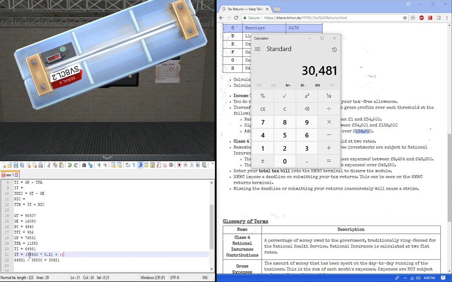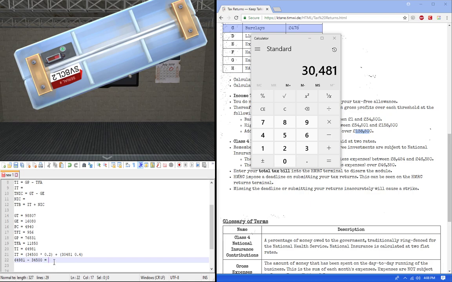And then we're going to take the rest of the 30,481 and multiply it by 40%, which is 0.4, because all of that lies between the 34,501 and 138,500, at least the second threshold.